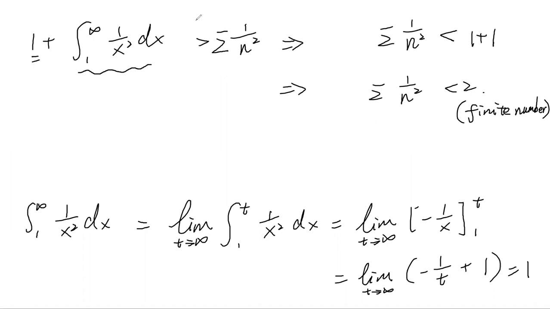Any other questions? Yeah, on that same slide, in the top right, when you did the sum of 1 over n squared is less than 1 plus 1, was that because we added 1 to the beginning of that sum and then had to move it to the other side? Yes. Okay, so why wouldn't it be 1 minus 1?